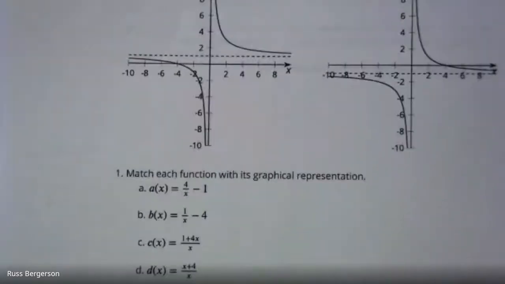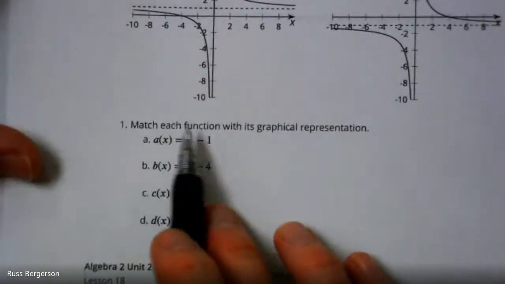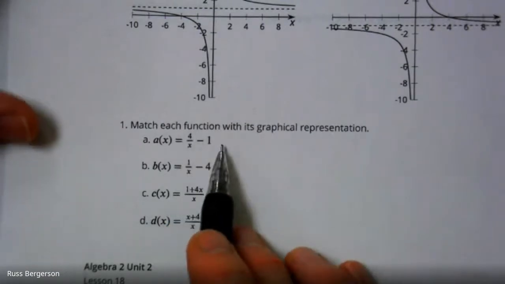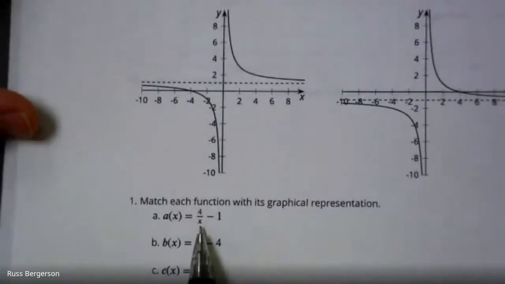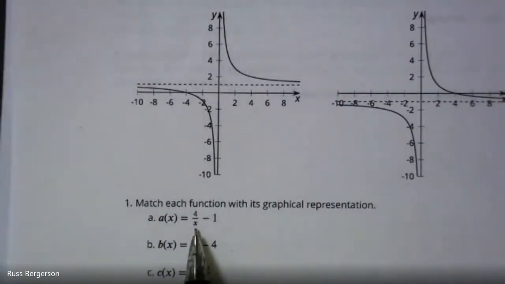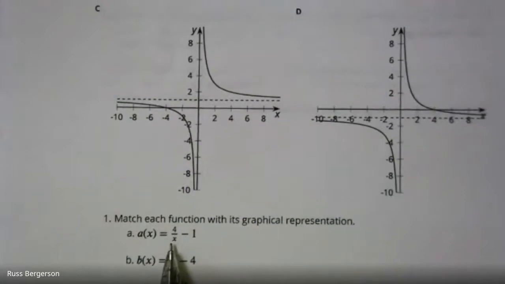Okay, so this is where we're supposed to match these. Match the function with its graphical representation. So 4 over x minus 1. Actually, let me look. You might be right on that. Yes, you are right. How did you know that, by the way? Because it's -1.